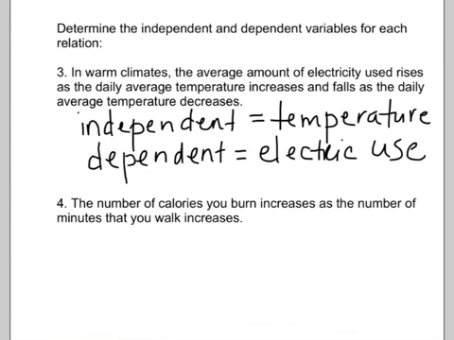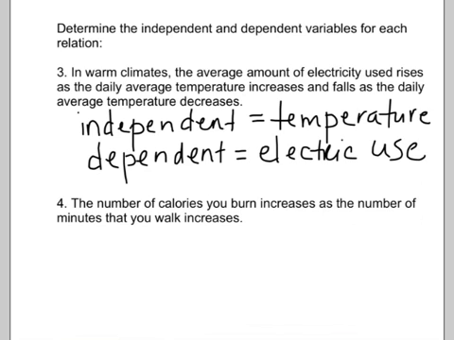The hotter it is, the more electricity I use to keep it cool inside. If it gets cooler outside, my air conditioner or my electric use doesn't come on as much. I don't use as much electricity. Okay? So you've got to look at it and think through which one is dependent on the other one. All right, pause the video, you do number 4, and then come back and check yours against mine.